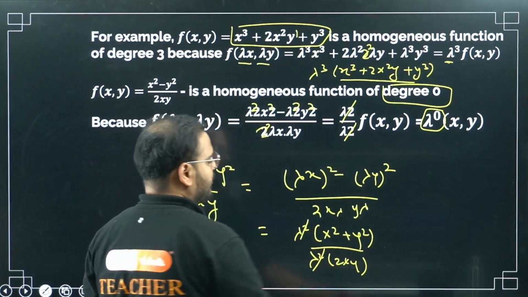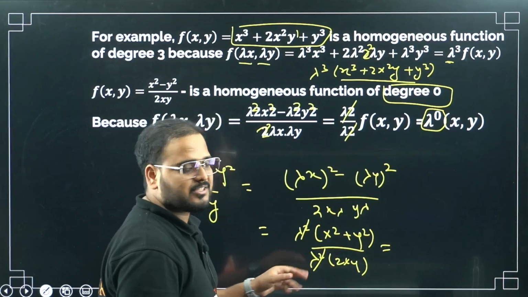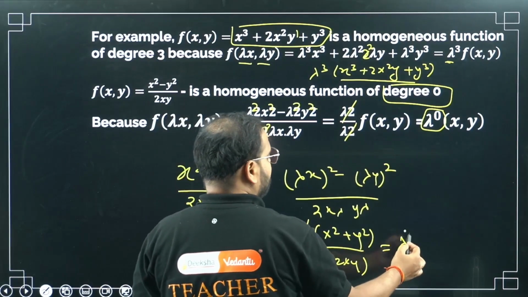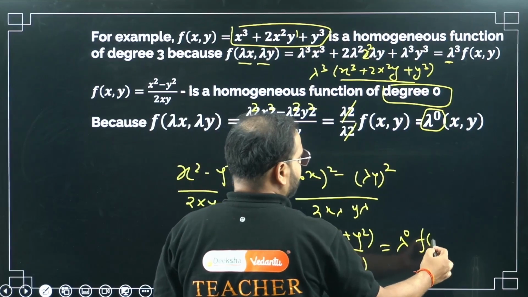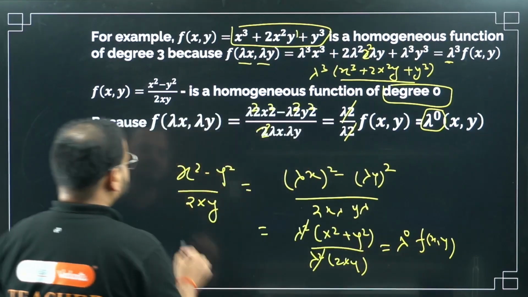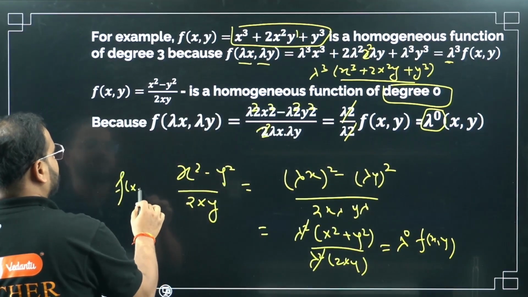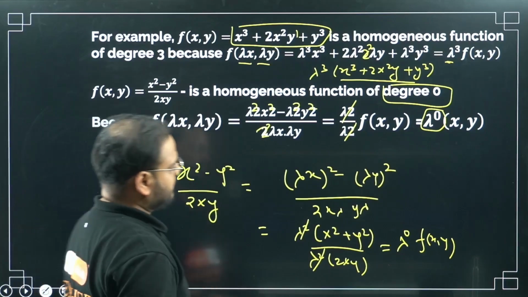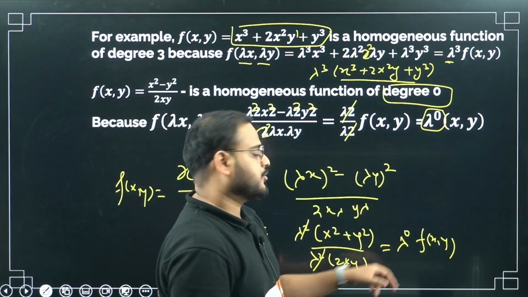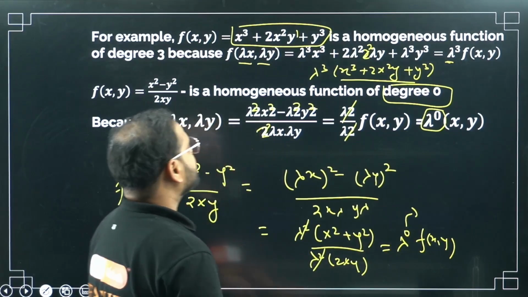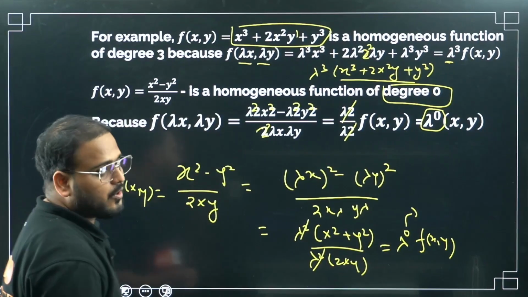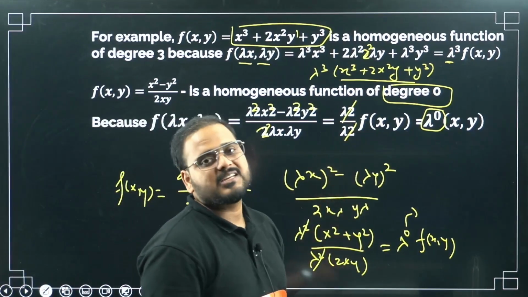No lambda power is left, just a constant, so lambda power 0. And what is this going to be? f of x comma y only. So the degree is 0. This is a homogeneous function of degree 0. We'll use this, that's why I'm giving you this.